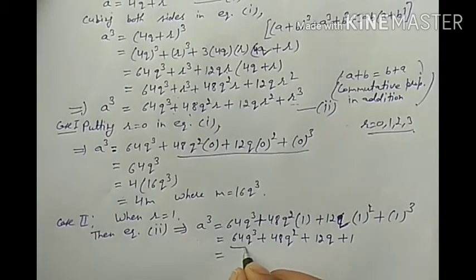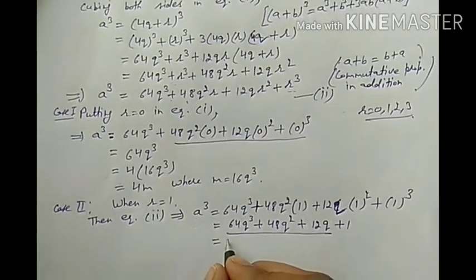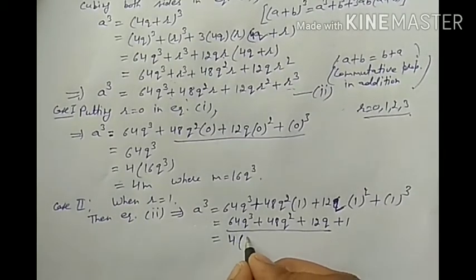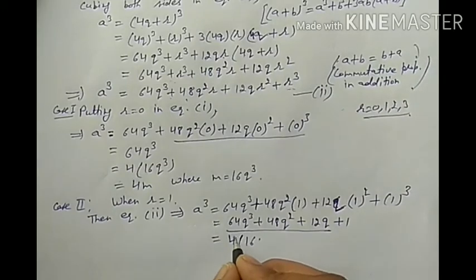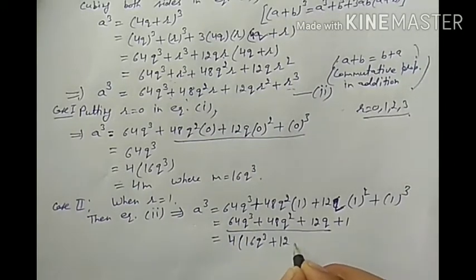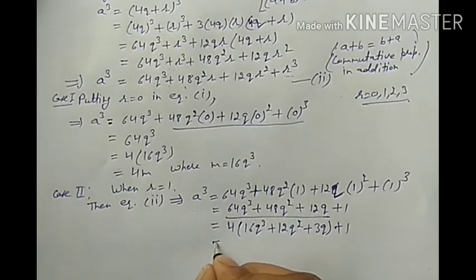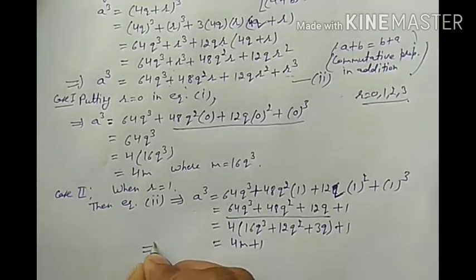You can take 4 common from these terms: 4 outside, so 16q cube plus 12q square plus 3q plus 1, and we can write it as 4m plus 1.